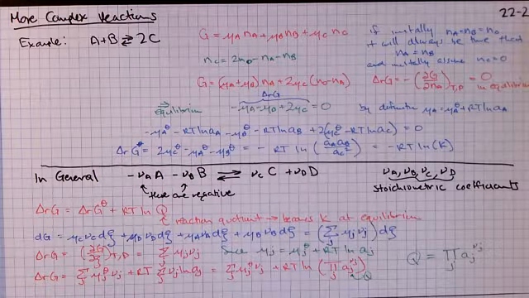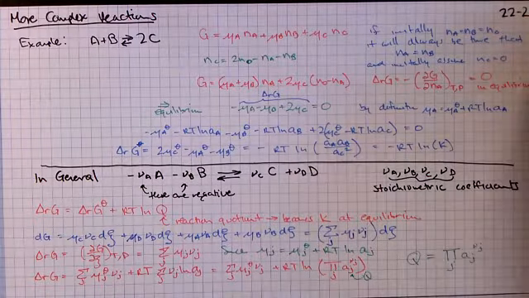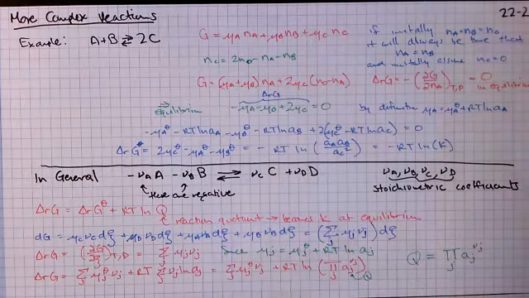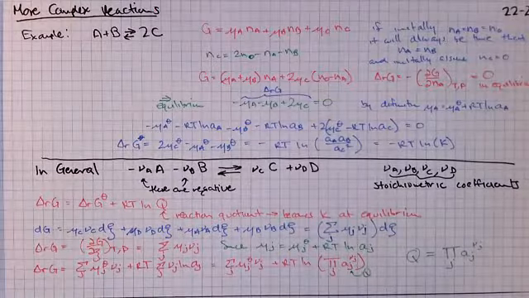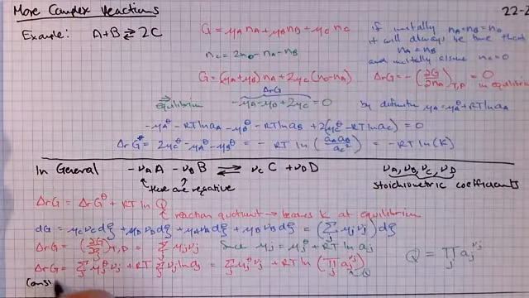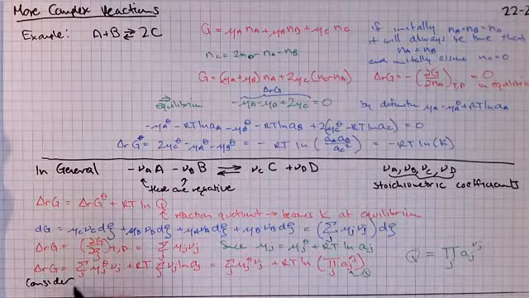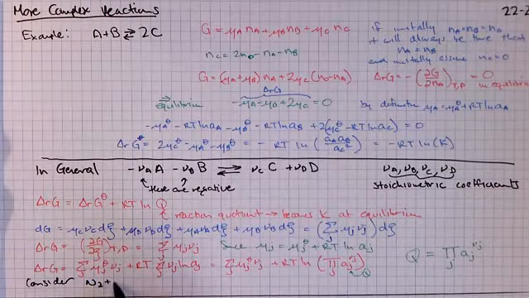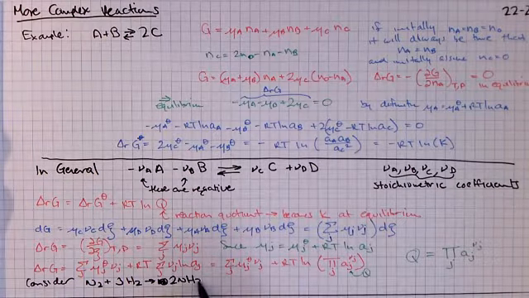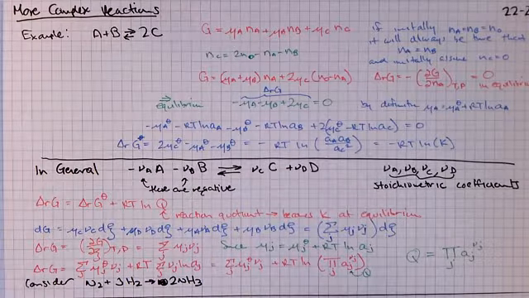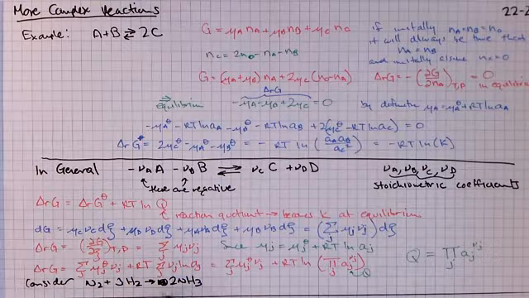So if we were thinking about a particular case, so let's say we were thinking about an ammonia reaction. So if we were to consider a case where we had nitrogen plus hydrogen going to ammonia, we could look up the difference in free energy between ammonia and the elemental gases.